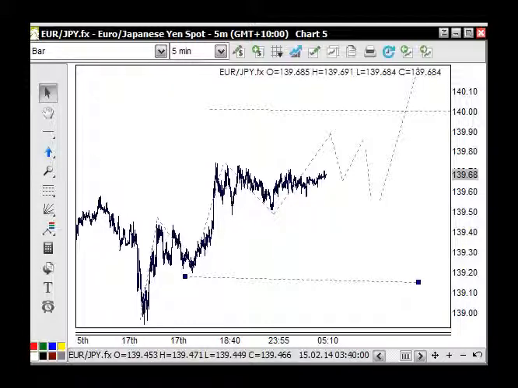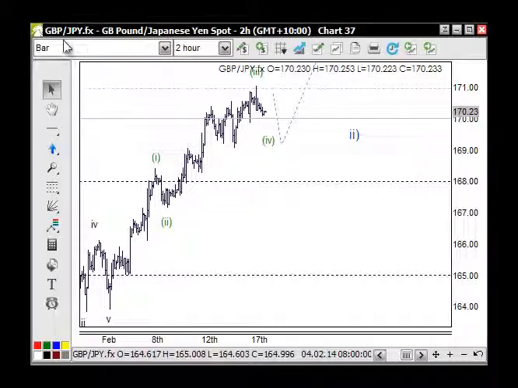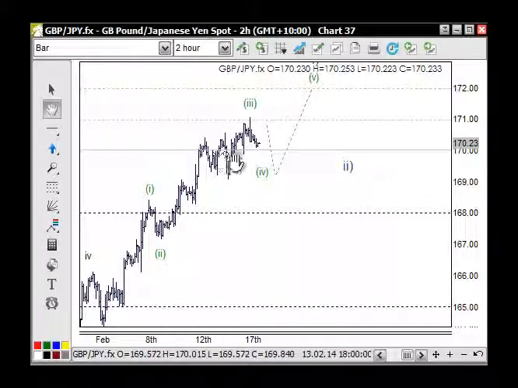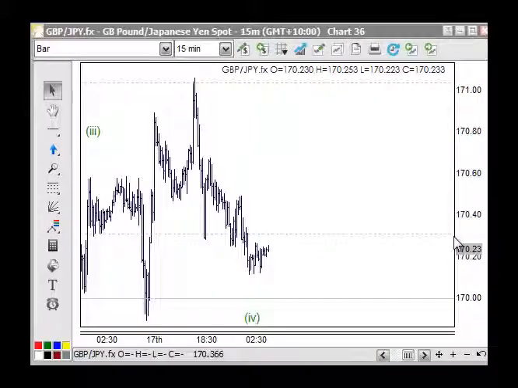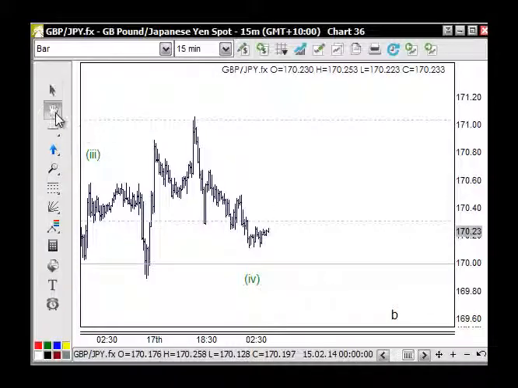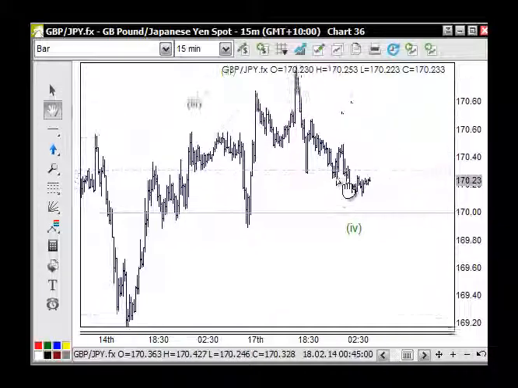Right. So the pound yen up through here is not as good looking as the other ones as such, because it's still working through the 170, and I'll just go into the smaller details here. Look, I'm not quite sure about this particular top here.